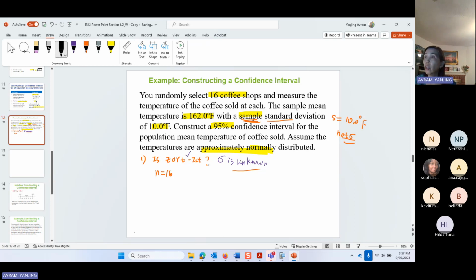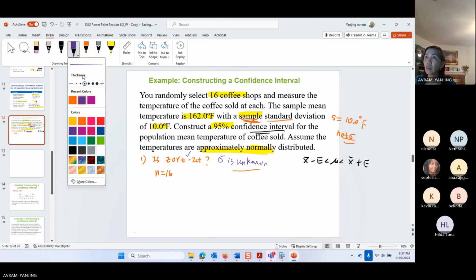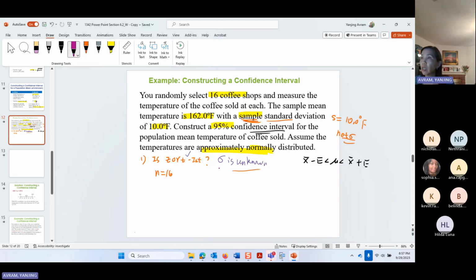All right, so we want to find the confidence interval. We still use x bar minus E and then x bar plus E. We already have x bar here, which is 162.0 degrees Fahrenheit.